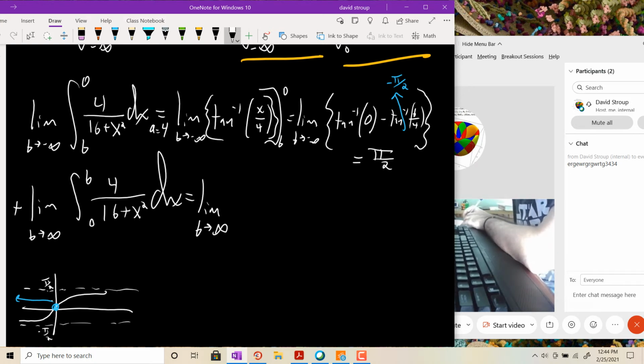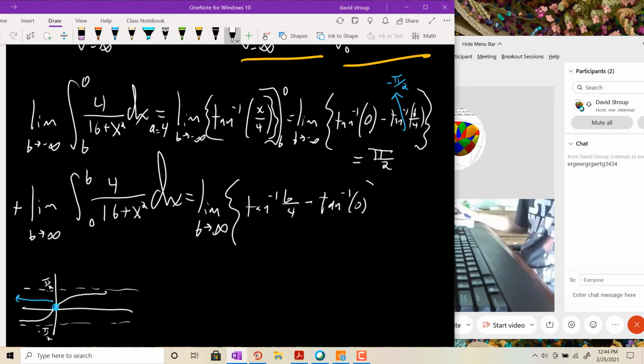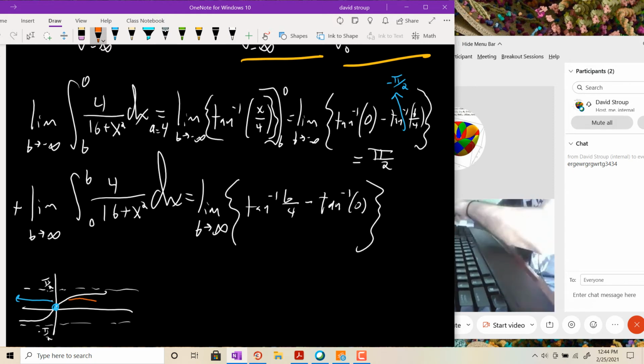But that's kind of what we're dealing with. So anyways, once all is said and done, you're going to have the limit of tan inverse of b all over 4 minus tan inverse of 0 again. As b goes to infinity, in this other direction, tan inverse is going to positive pi over 2.